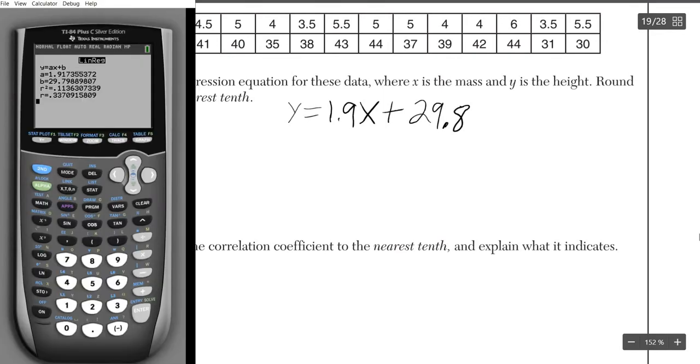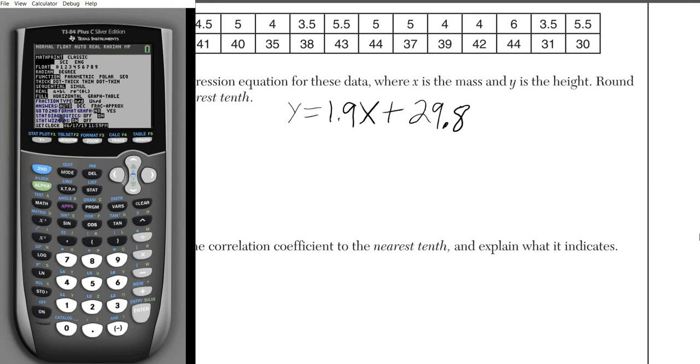Okay, now for the correlation coefficient, you're not going to get that unless your mode is set to diagnostics on. To do that, you go to mode, and towards the bottom there's diagnostics. I already have mine on, but if you don't, which is the default, you should switch it on.